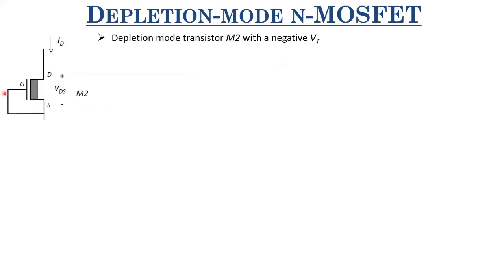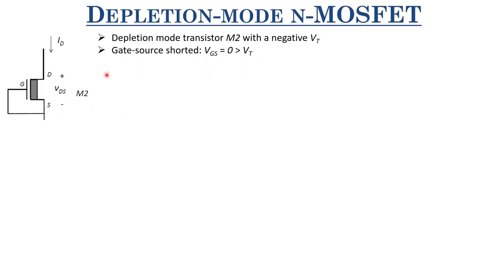We have to apply a negative voltage on this gate electrode to repel all these electrons in the inversion region away to the bulk. The reason it is called depletion is that we have to deplete this surface of the electrons. Since we have to deplete the inverted channel of this MOSFET because of the negative VT, it's called a depletion mode transistor.